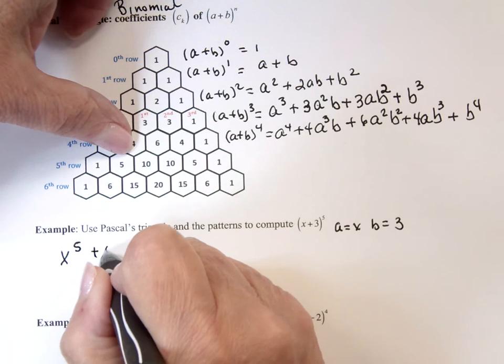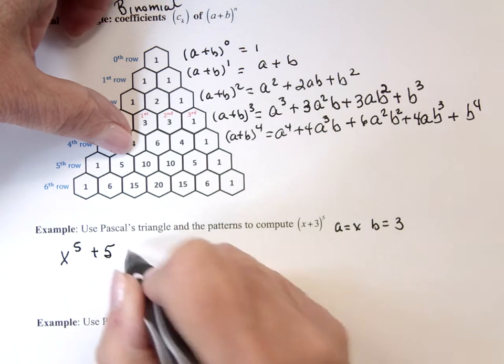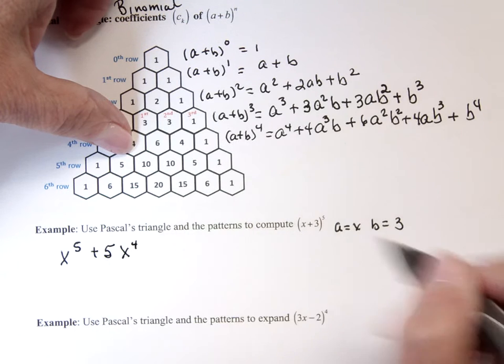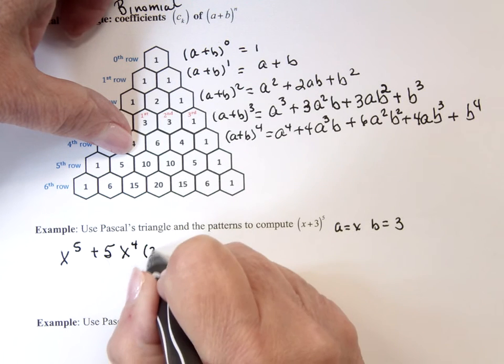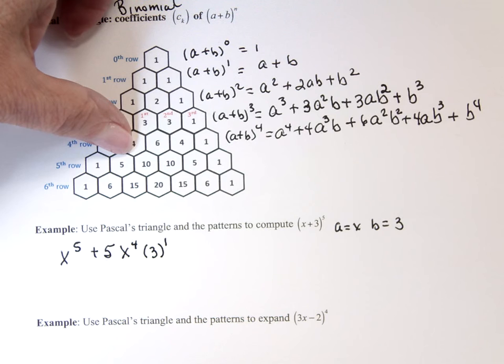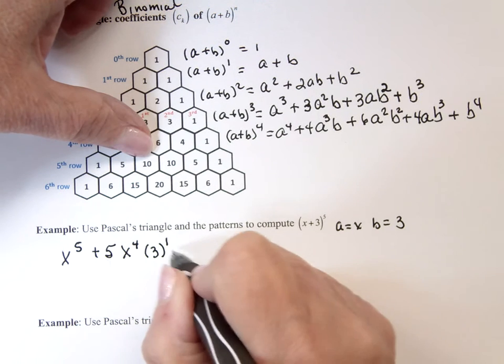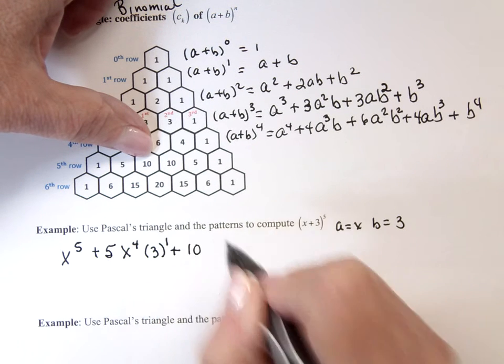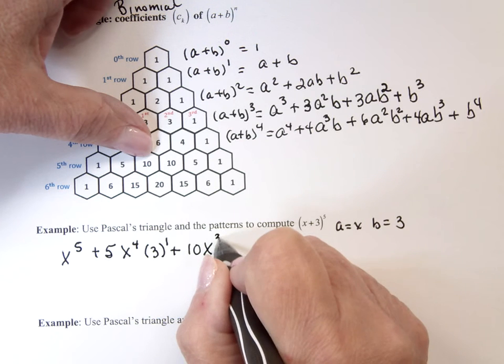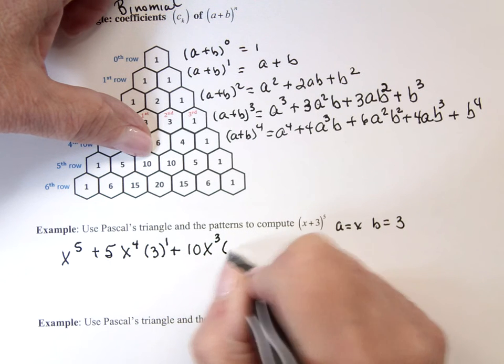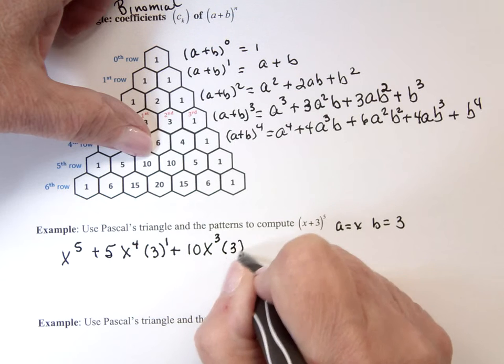Plus 5, x to the 4th times 3 to the 1, plus 10, x to the 3 times 3 squared.